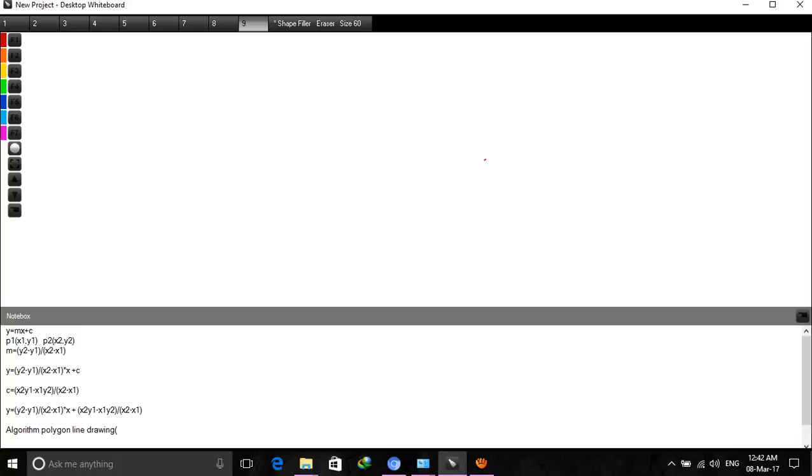So you have to give the p1 point and p2 point, that is, the 2 points on the line. So it's basically taking the input from the user in order to draw the line, and you can easily see the algorithm.